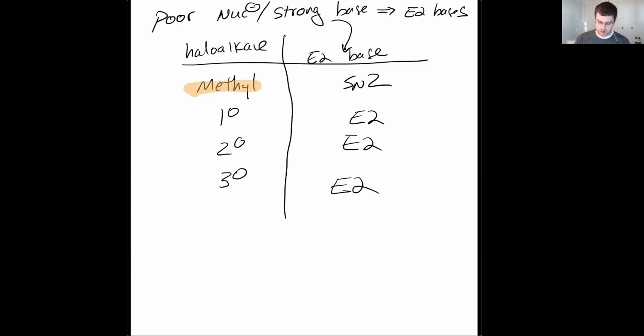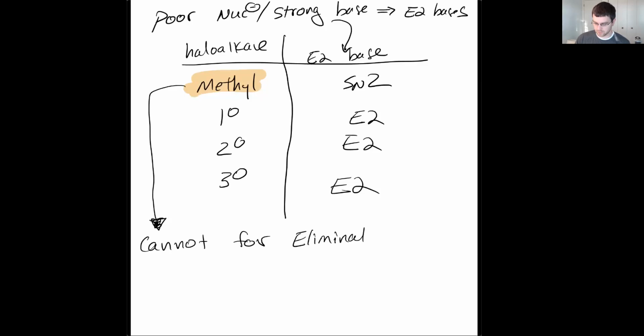But the important thing to note is that a methyl haloalkane cannot form elimination products. Now, forming elimination products relied on taking a vicinal hydrogen and forming a carbon-carbon double bond.